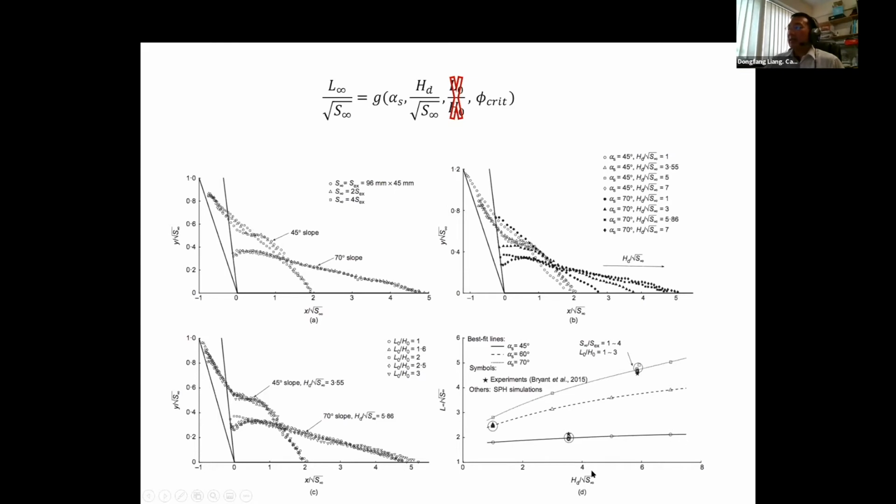So the implication is when the landslide mass increases, which means the non-dimensional drop height decreases towards the origin, then the ratio between L infinity and HD increases.